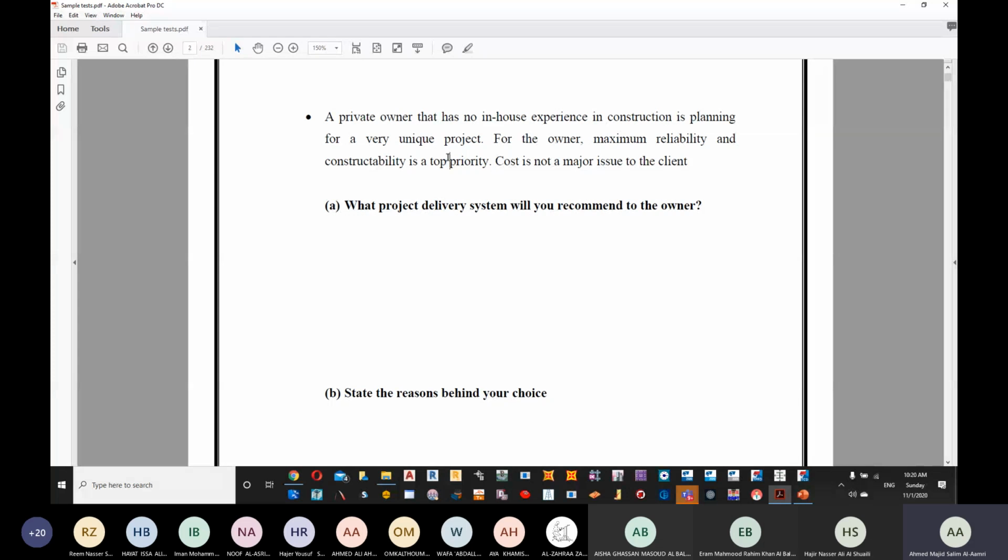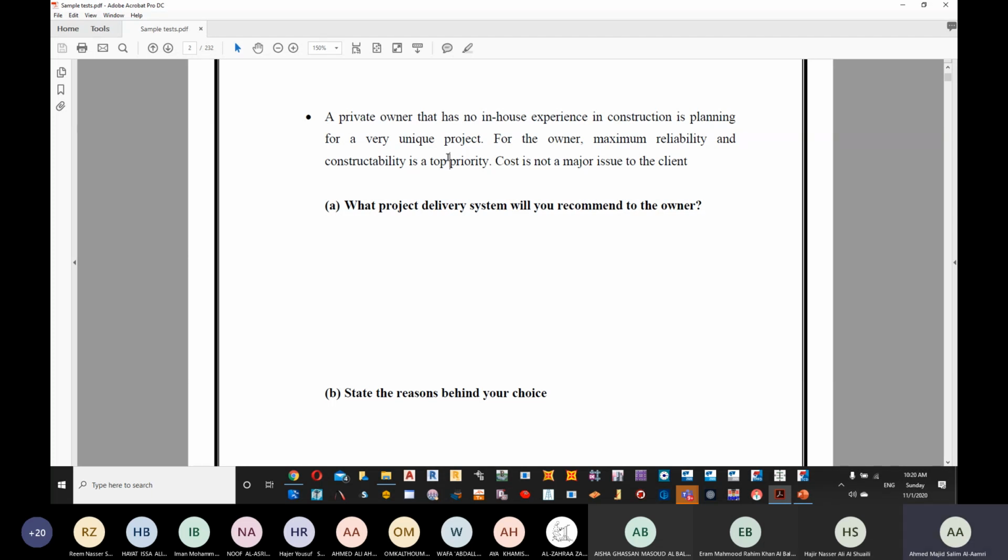After that, we have construction management at risk because of the presence of the construction manager. And then after that, we have design, build. It's the most expensive. In terms of time, the fastest one is going to be design, build. After that, we have construction management at risk. After that, because of the bidding, we have traditional.